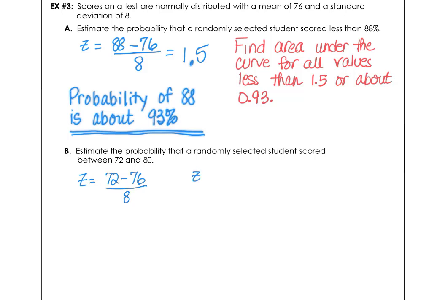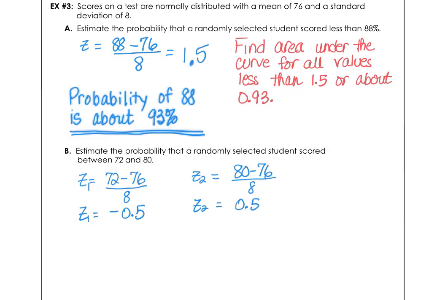And the second z-score, let's label these z sub 1 and z sub 2, is the top end, 80 minus 76 divided by 8. So the first one is negative 1/2, and the second one is positive 1/2.